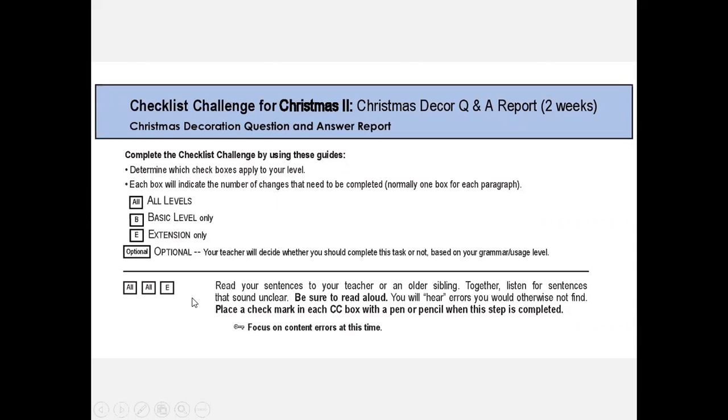Okay, remember from previous checklist challenge references that we have a box for the repeating tasks for every paragraph. So basic students wrote 2 paragraphs, extension students wrote 3, so basic students have 2 boxes, and extension students, marked E, have 3 boxes for the 3 paragraphs they have written. All right, now this is only true for repeating things.